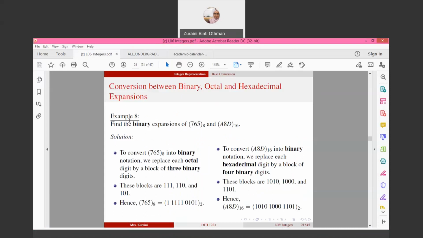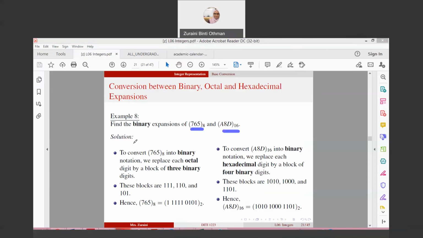Okay, so now this is example 8. We want to find the binary from these two. So, we can find the binary. Now from 765 we want to find its binary notation.